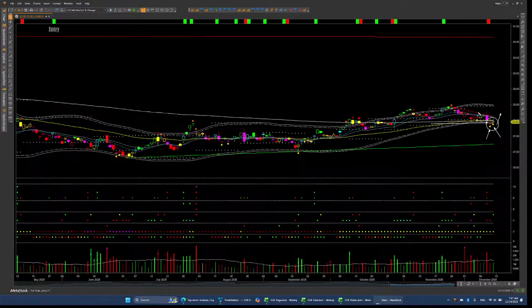At the same time, we have a trend line resistance. Unless we can clear the trend line resistance, that probability may not be very high. So we'll see if it can break out of the trend line resistance.